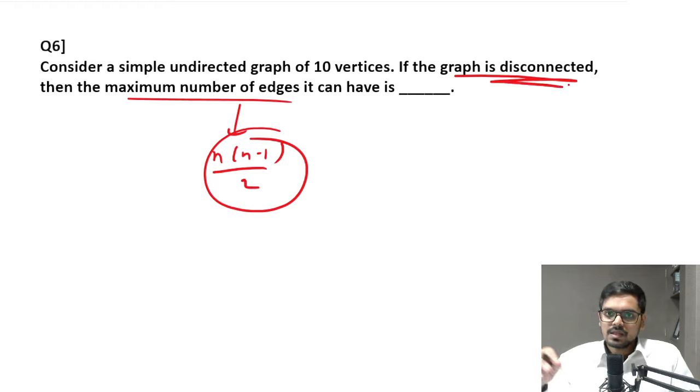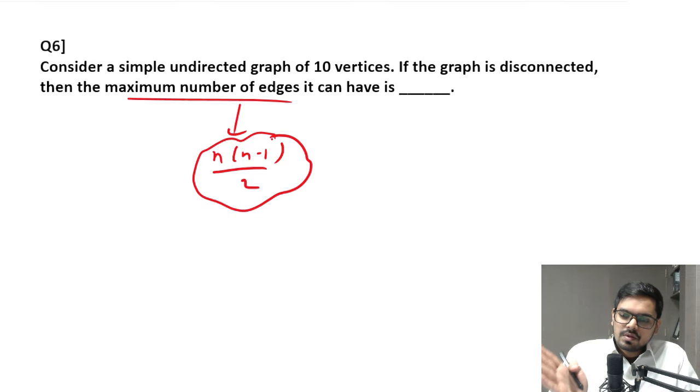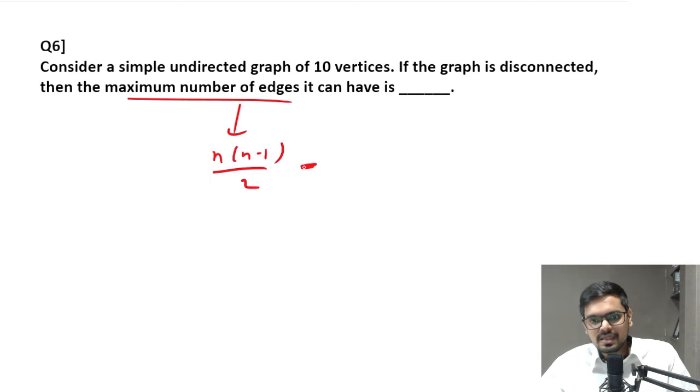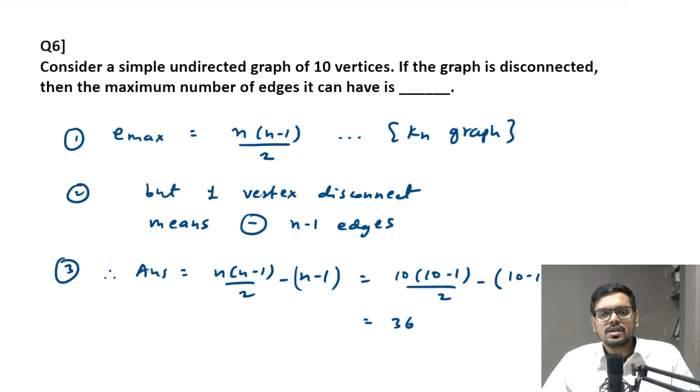But here among those 10, one is isolated, and you mistakenly consider the edges from the isolated vertex in this calculation. So I am subtracting those edges. Suppose I am that isolated vertex, I would be connected to the 9 other vertices, so 9 edges I have to remove. Now you substitute n is 10: 5 into 9 minus 9, 9 outside, 5 minus 1, so 9 into 4, again 36. So either way you solve, you will get the same answer.